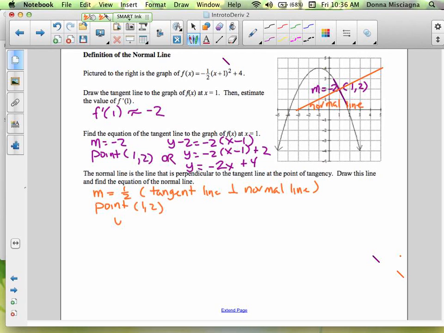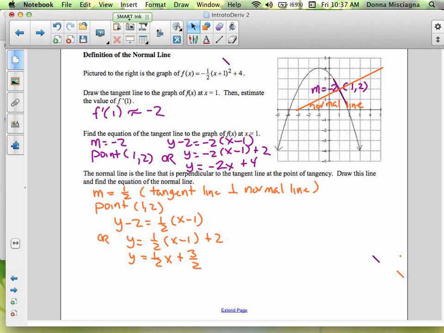So the equation is going to be y minus 2 equals 1/2 times (x minus 1). Or you can isolate y, and then it would be y equals 1/2 times (x minus 1) plus 2. If you want to put it in slope-intercept form, then that would be y equals 1/2 x, minus 1/2 plus 2, that would be plus 3/2. All right? Any of those are perfectly acceptable as the equation of the line.